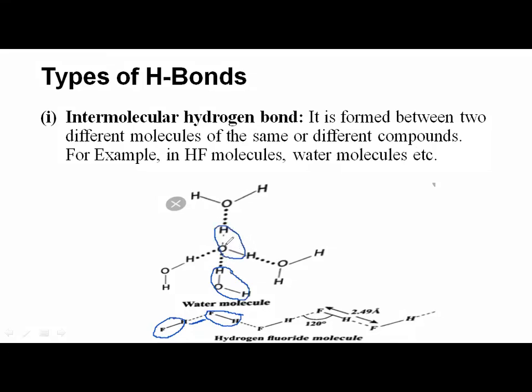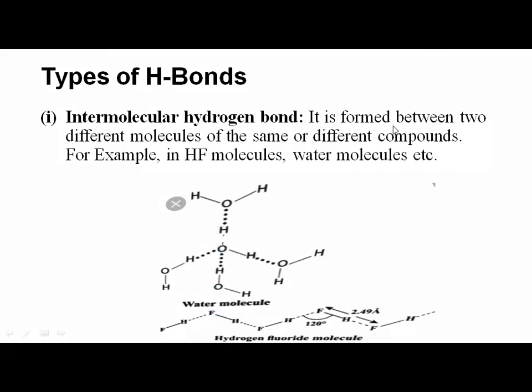If the hydrogen bond is formed between hydrogen of one molecule and a more electronegative atom of another molecule, between two different molecules, we call it intermolecular. Example: HF is intermolecular, NH3 is intermolecular, water is intermolecular. So water forms hydrogen bond with another water molecule. They are called intermolecular hydrogen bonds.